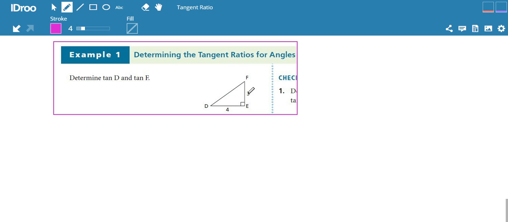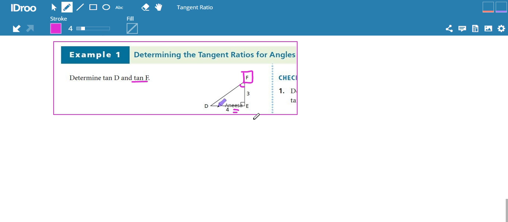Now Anisha, we're gonna reference this angle F, because we are finding tangent F. Now you tell me, according to this angle F, what would be the opposite value? The question is, according to angle F, we're gonna find the value of tangent F. Referencing this angle, what would be the opposite value? 4.